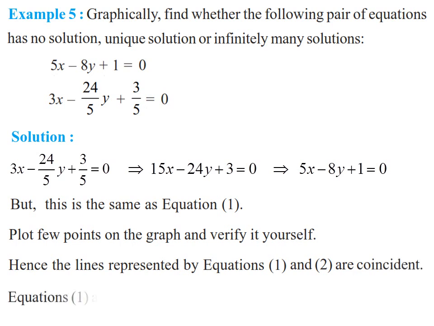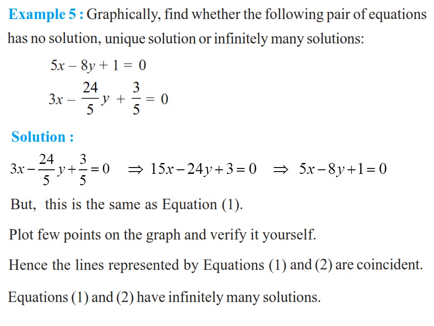And if we have coincident lines, then we have infinitely many solutions. So we can say here both equations have infinitely many solutions. If the word graphically is not given, then just compare the coefficients and say whether it has infinitely many solutions or not.